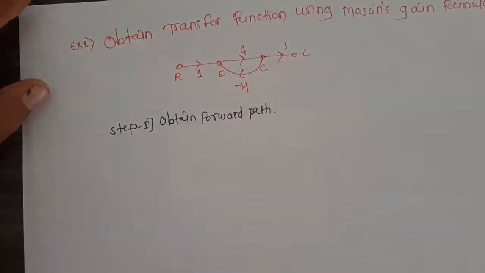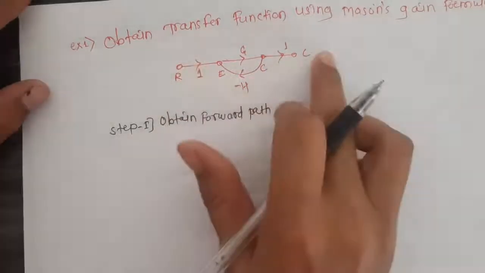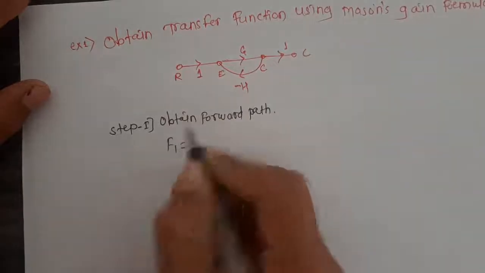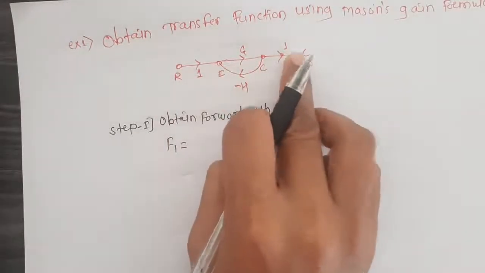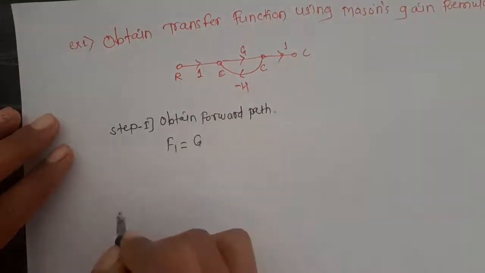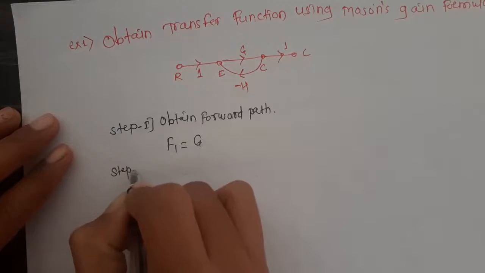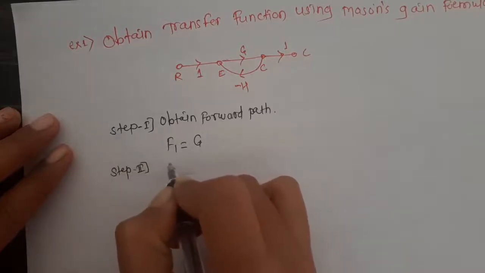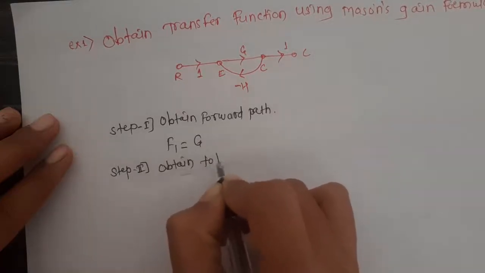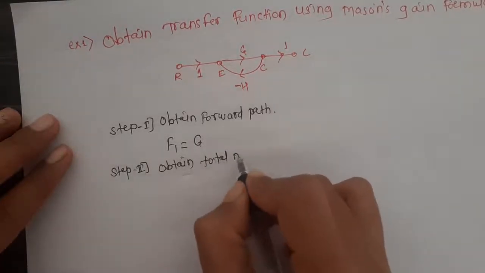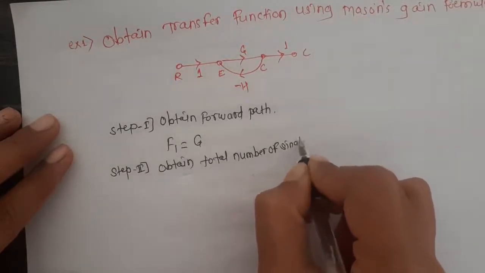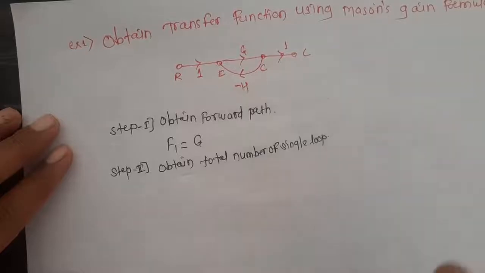In this example only one forward path is there, that is from R to C. The forward path gain is nothing but the product of all gains on that path. So 1 into G, so F1 will be G. After that, step 2 is to obtain the total number of single loops.